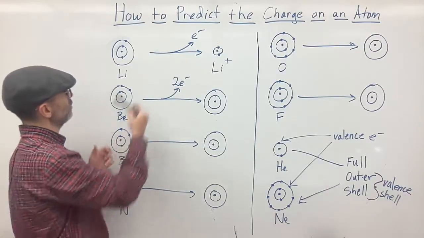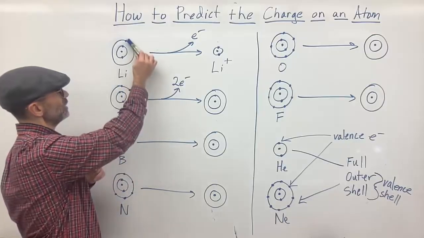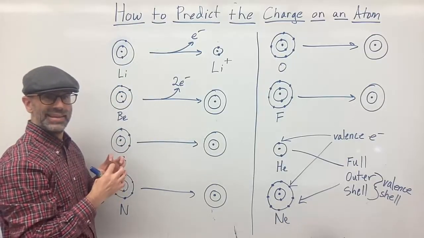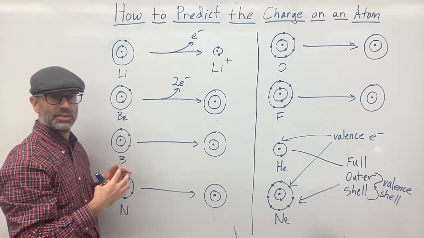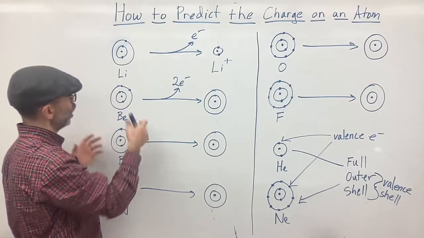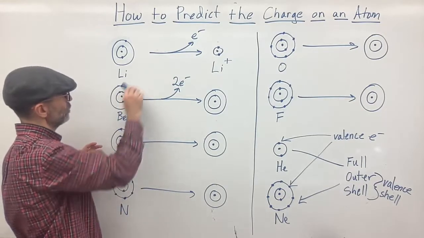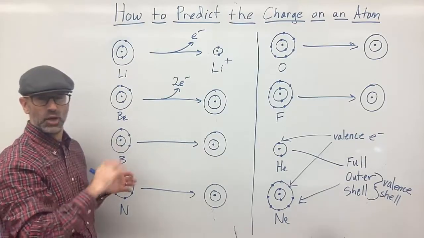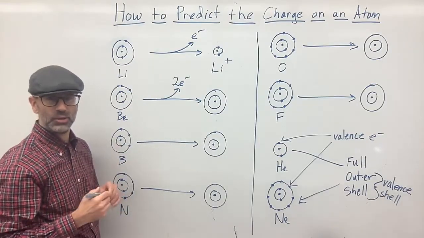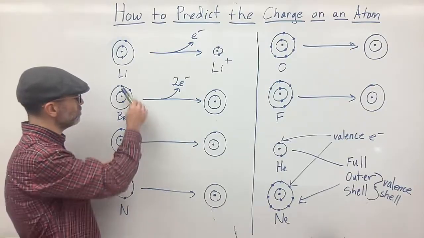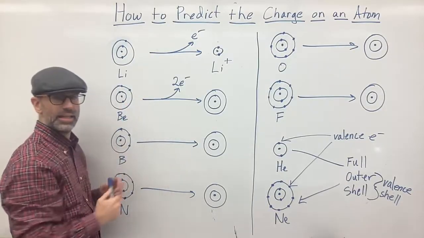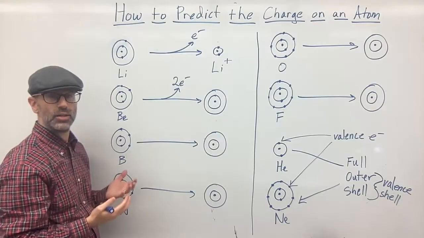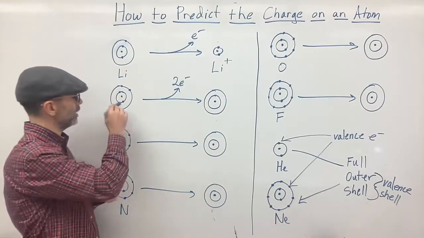The reason is that the energy of the electron gets larger the farther it gets away from the nucleus, so those are easier to remove. We'll talk more about it, I don't want to get into the weeds of that. But just note that the outermost electrons are the ones that get removed, not the innermost.